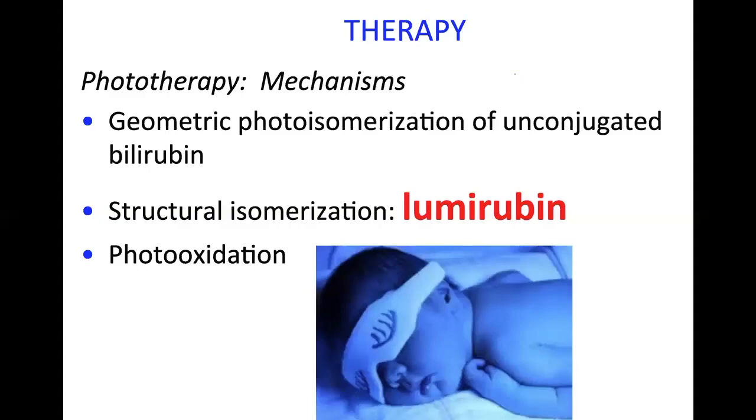Once unconjugated bilirubin is exposed to light, whether it's direct sunlight or, in the hospital setting, UV lamps or phototherapy, your unconjugated bilirubin, which crosses the blood-brain barrier, will now be converted to a structural isomer known as lumirubin. The prefix lumi means luminescence or light. And this is the process of photooxidation and photoisomerization.